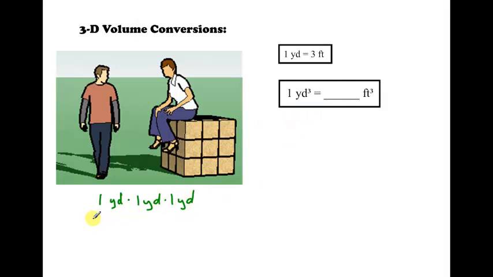And 1 yard is 3 feet times 3 feet times 3 feet. So I'm going to have to multiply that 3 times. So it's 27 cubic feet. Can you see them? There's 9 on the bottom layer, 9 on the middle, and 9 more on the top. Total of 27 cubic feet.